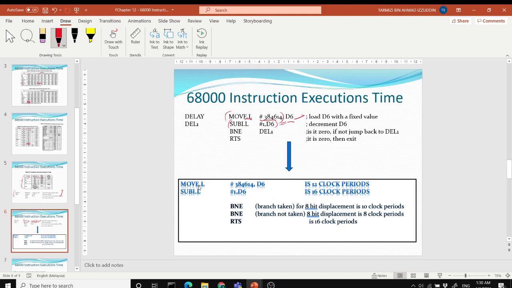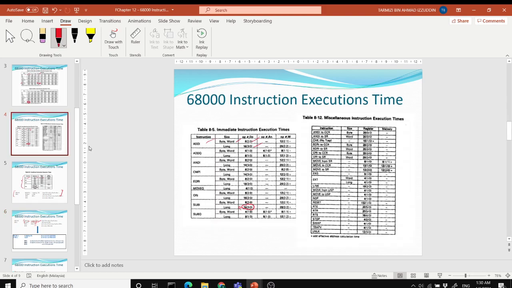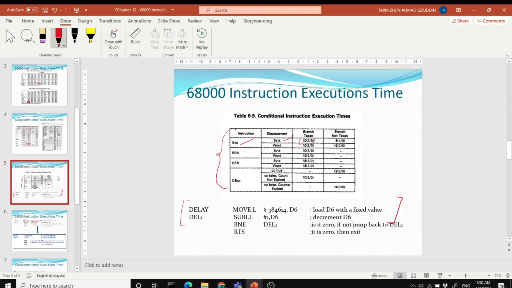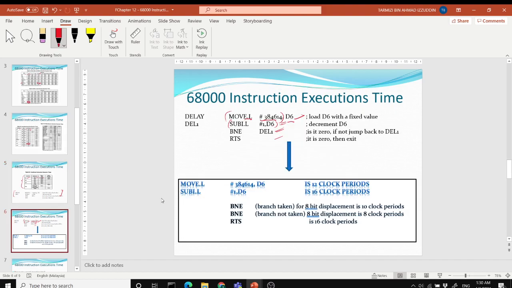Then the subsequent command is pretty much straightforward. Branch on equal, you look back, branch on equal over here. So see, this is branch taken, because this is a branch command.